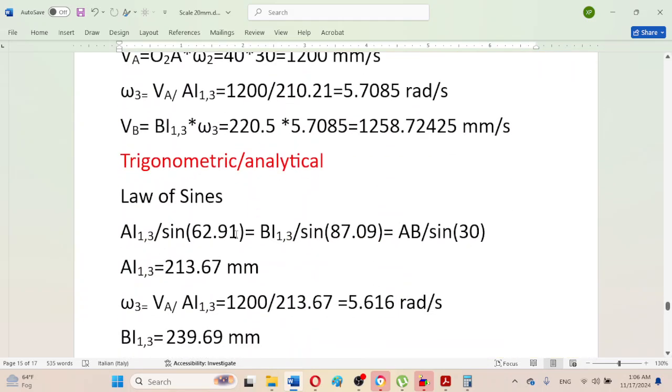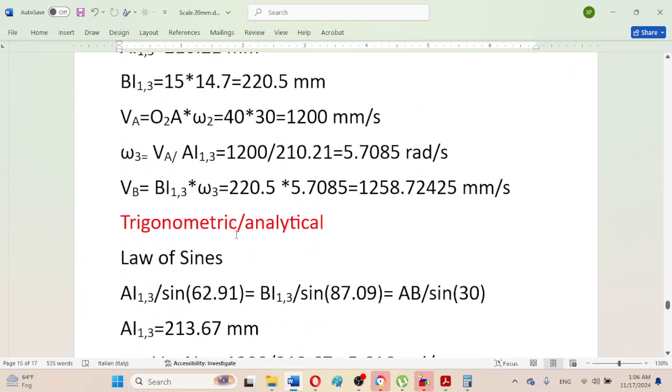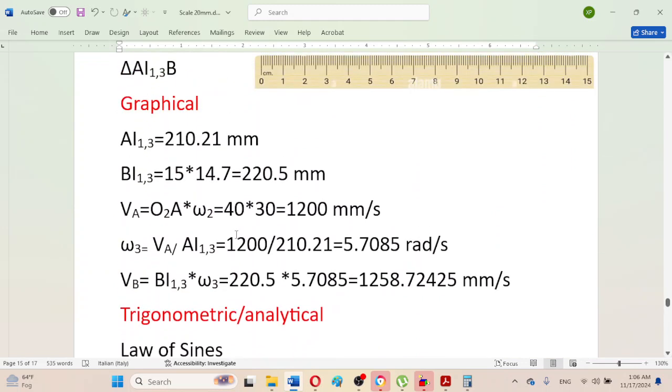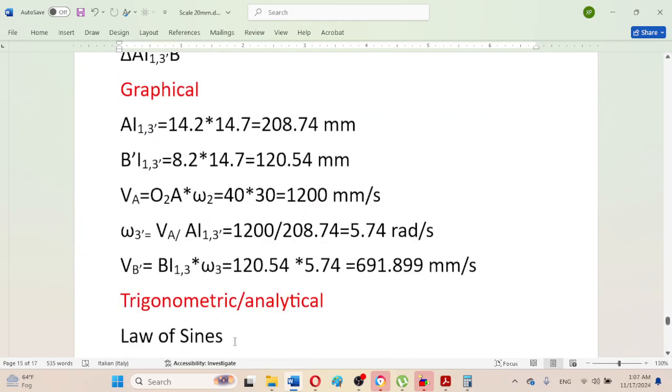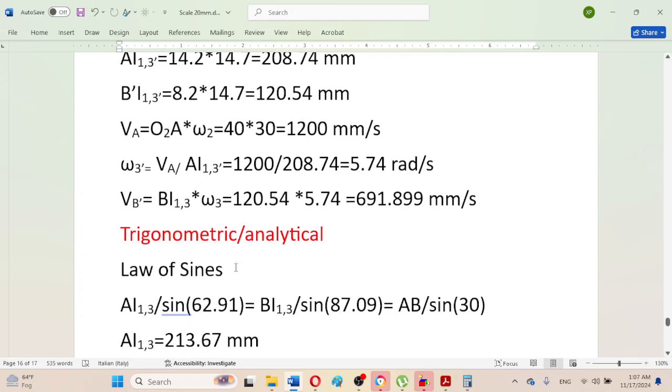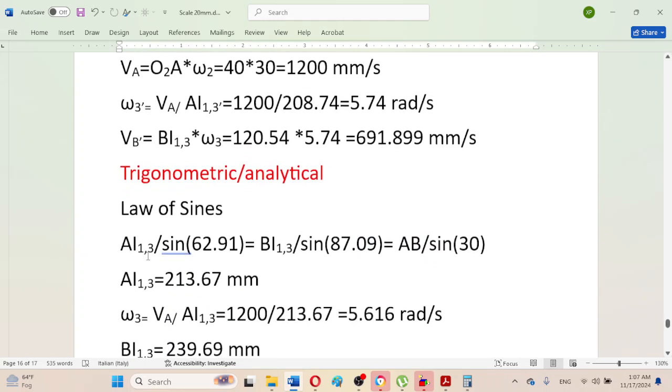Now angles have been calculated, and here we calculate the equivalent trigonometric results. So use the law of sines in a similar manner.